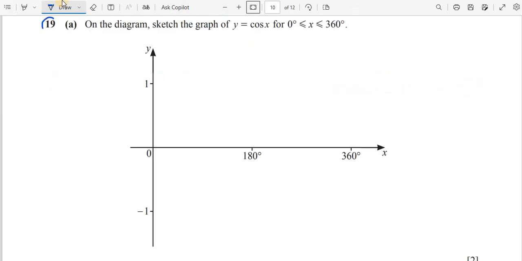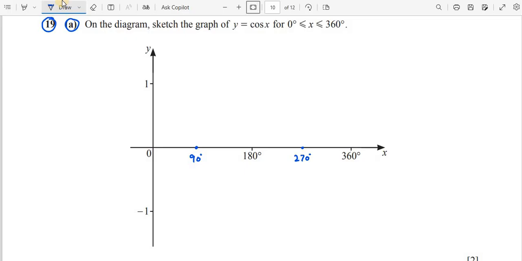Question number 19, part A. On the diagram, sketch the graph of y is equal to cos x. The range is 0 to 360. So we know that here is a point 90 and this point is 270.